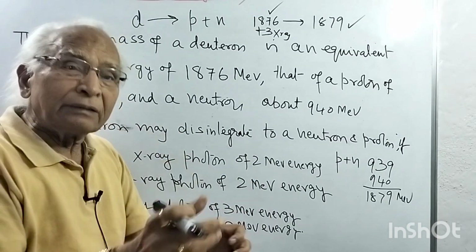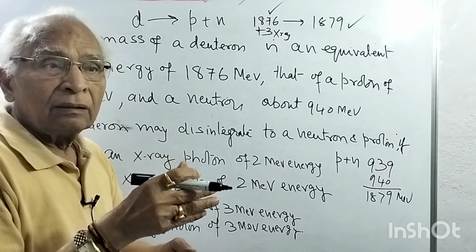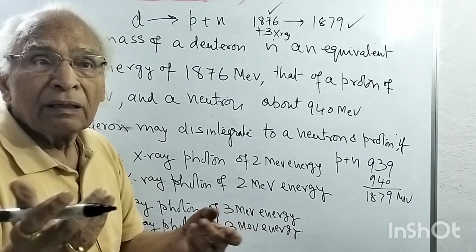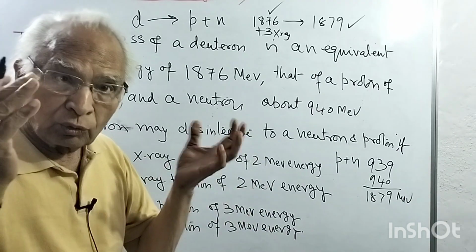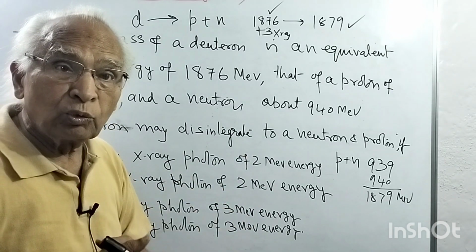So if you want to break the deuteron, you have to supply energy. Deuteron cannot disintegrate by itself. It is not in nature that deuteron disintegrates. Deuteron is a stable particle. Binding energy about 2.22 MeV.